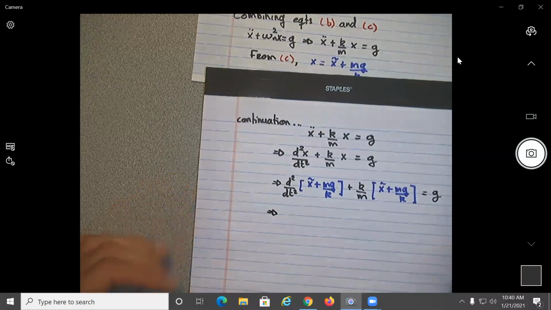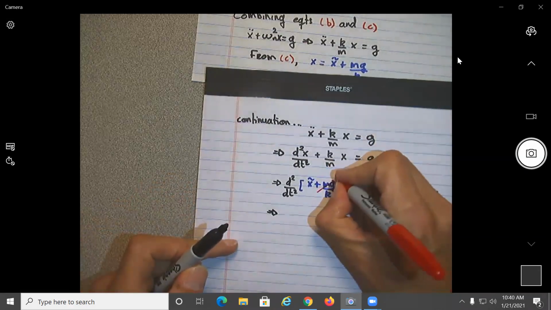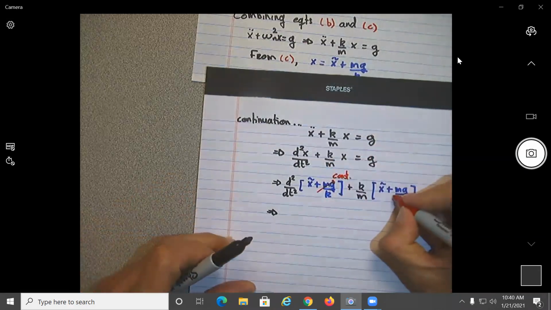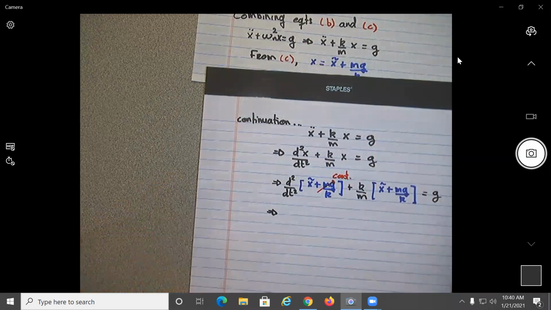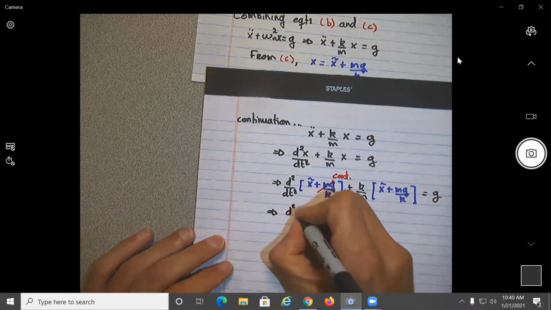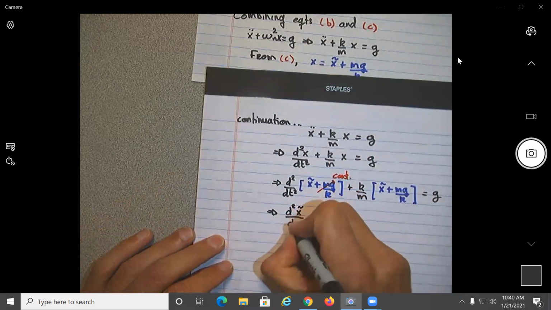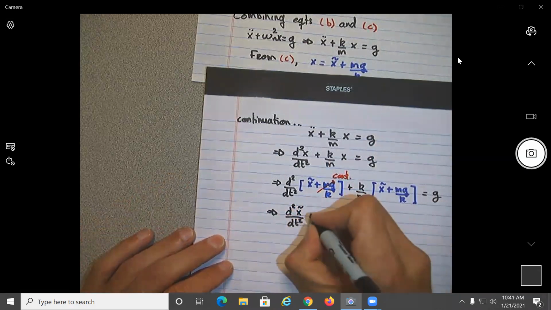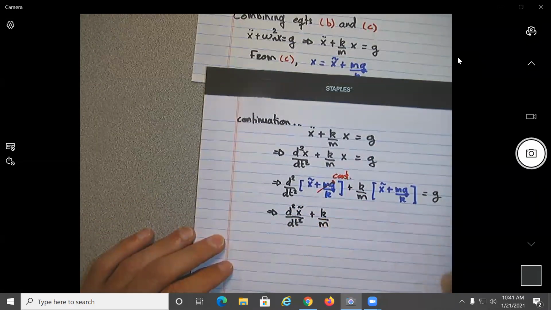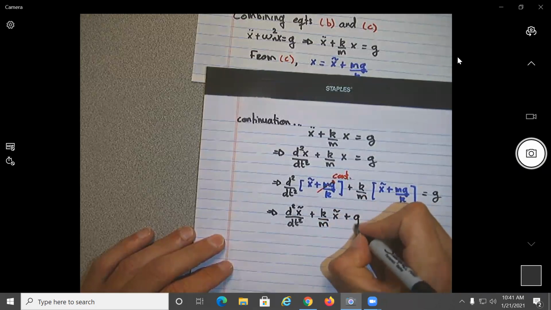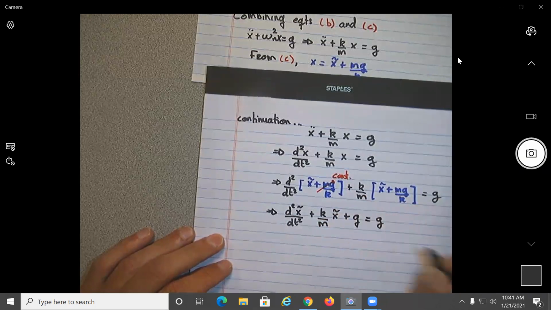So now you know that mg over k is a constant. If you take the derivative of a constant, that is 0. So this first term should give you the second derivative of x wiggly dt squared plus k over m x wiggly plus g equal to g.